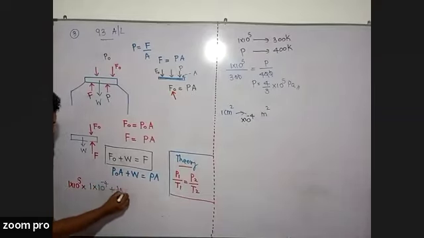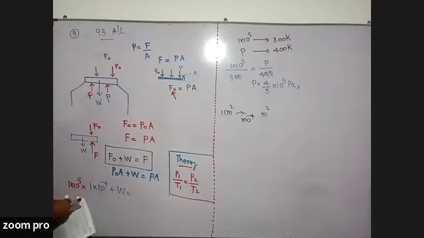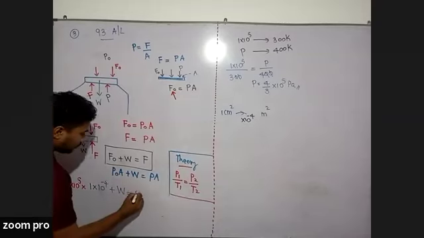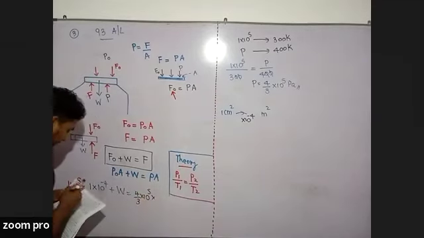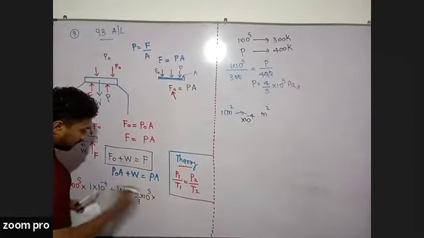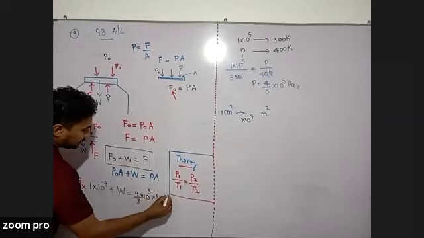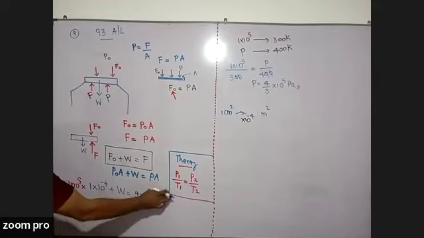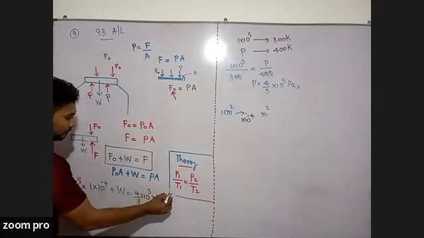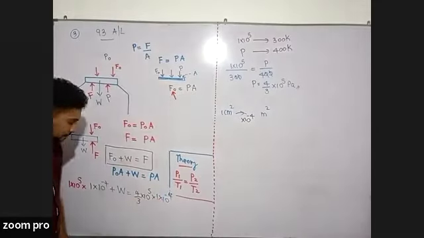P naught A plus W equals P A, meaning 4 over 3 into 10 to the power 5 into 1, but we have to convert this value into square meters. So that's why I multiply the given value by 10 to the power minus 4, right?